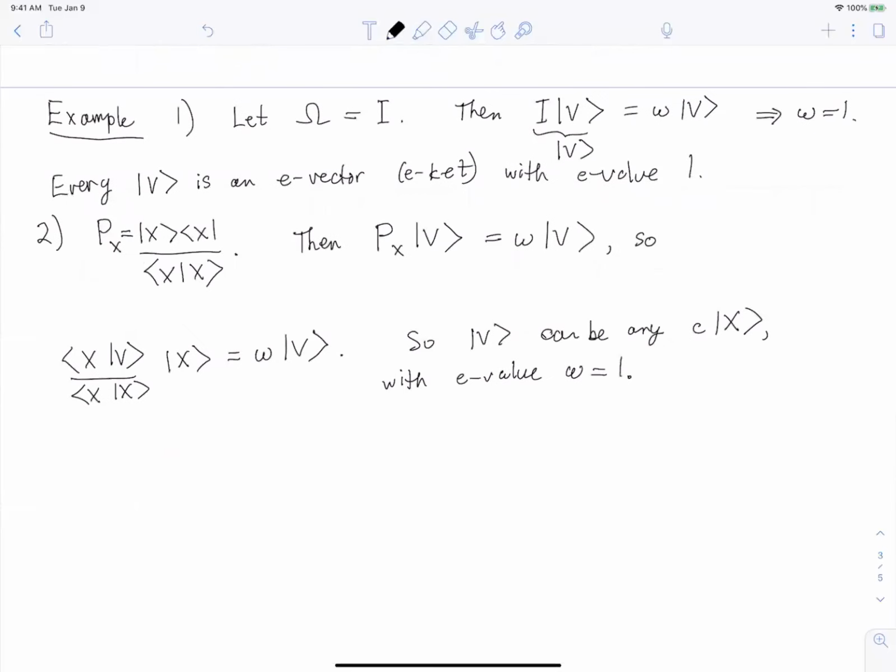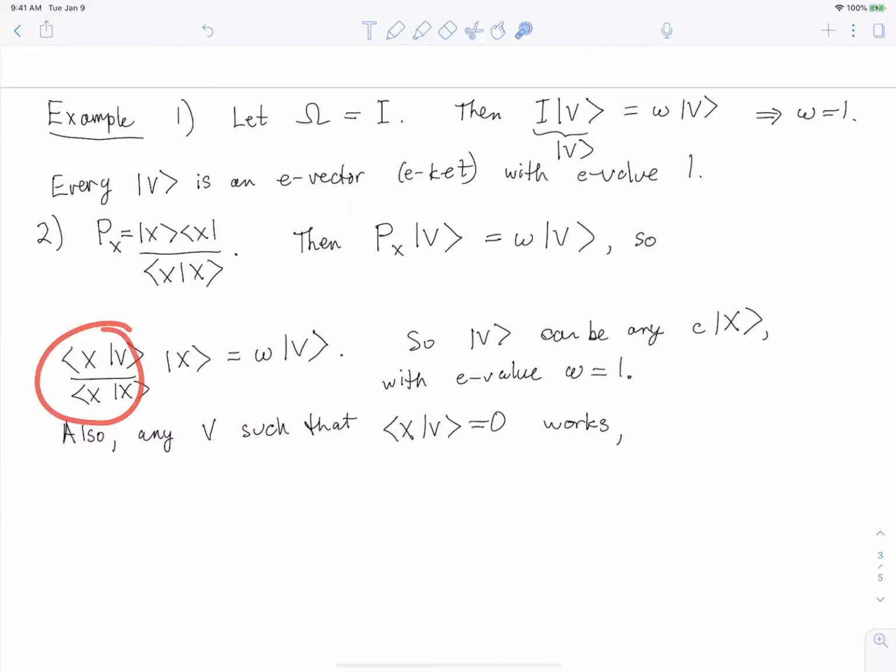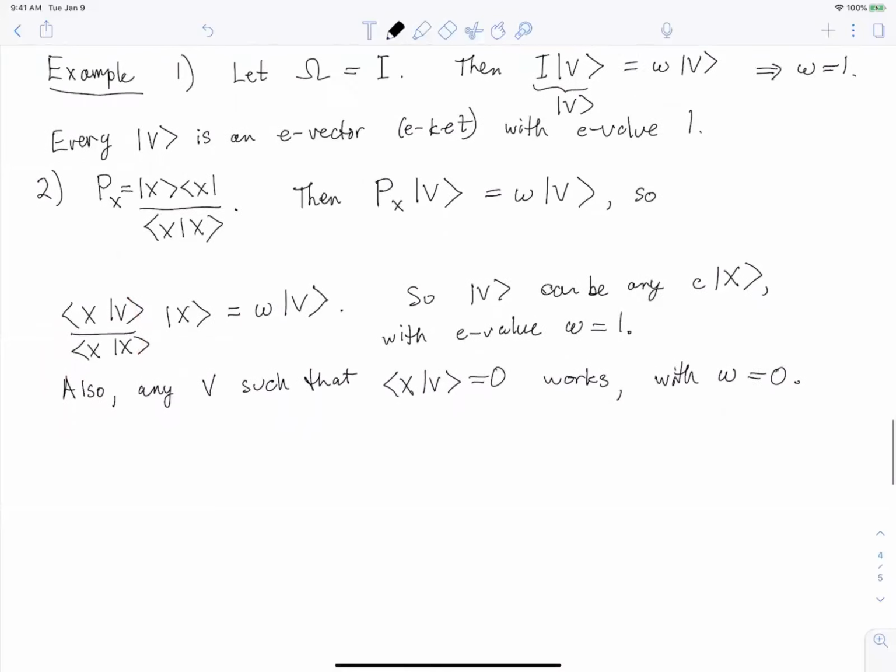It's also true, there's another set of eigenvalues and eigenvectors we can write down. Any v such that its inner product with the x in the projection operator is 0 works, because then this number is just 0, and so omega is 0. Okay, with omega equals 0. So the eigenvalues of a projection operator are always 0 and 1. That's what we learned.